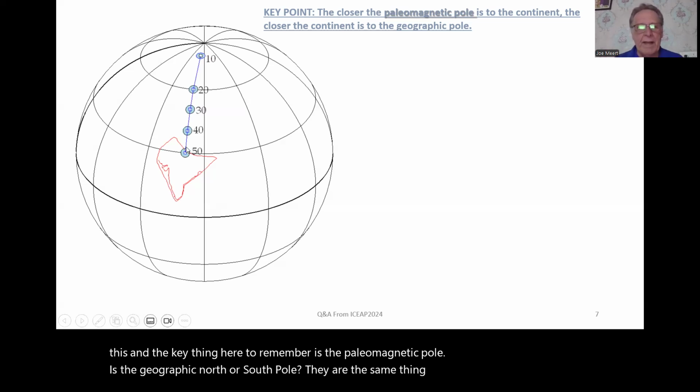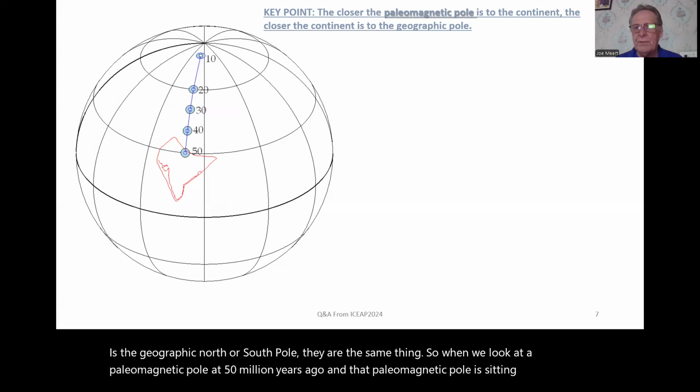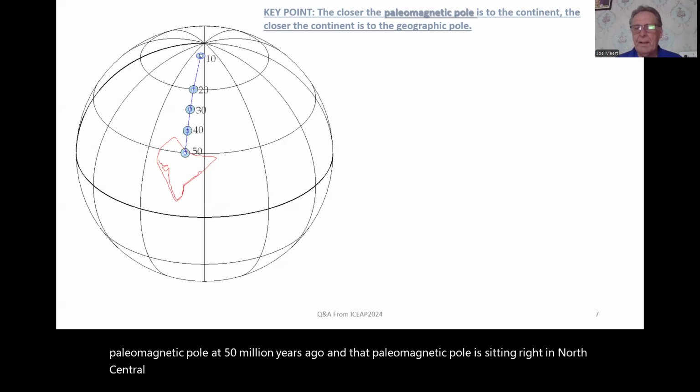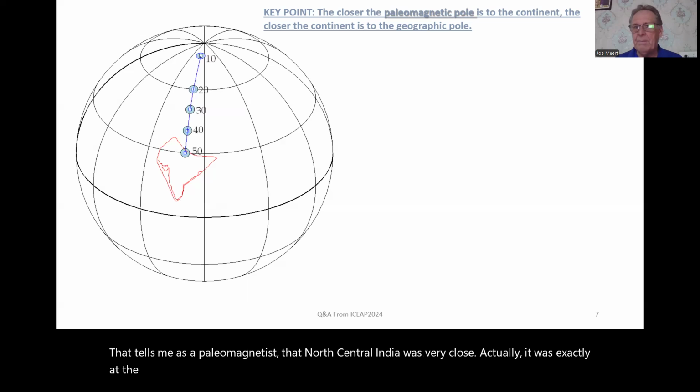So when we look at a paleomagnetic pole at 50 million years ago, and that paleomagnetic pole is sitting right in north central India, that tells me as a paleomagnetist that north central India was very close. Well, actually, it was exactly at the geographic North Pole.